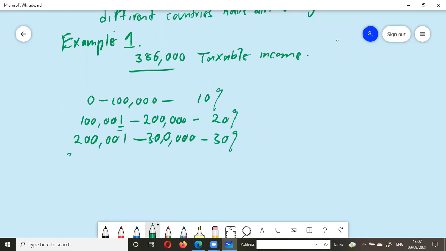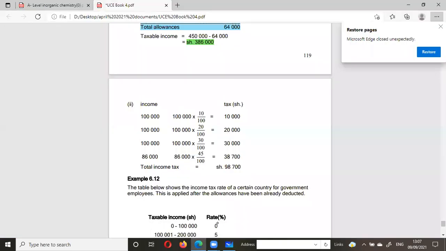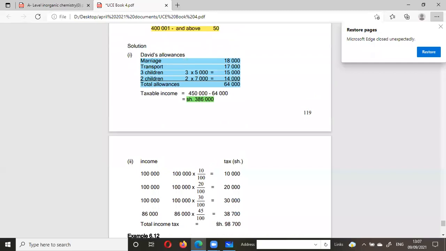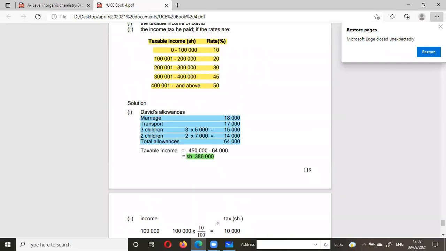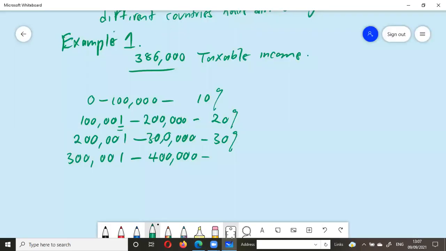Then from 301 to 400, our charge rate was 45%.